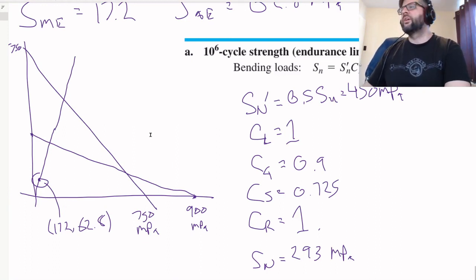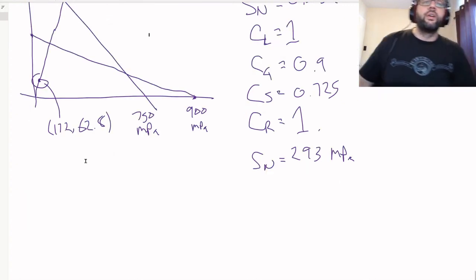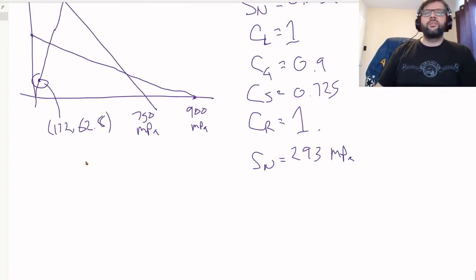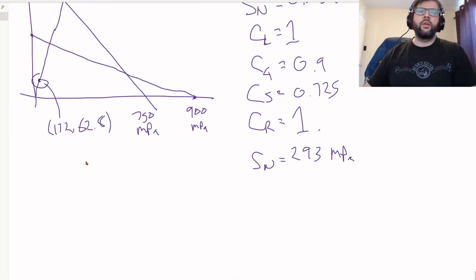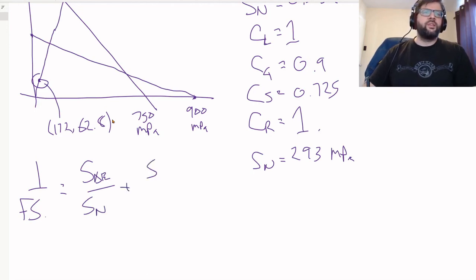So we don't really need to concern ourselves with doing the other failure criteria. So basically 1 over the factor of safety is going to be equal to SAE over Sn plus SME over Su.